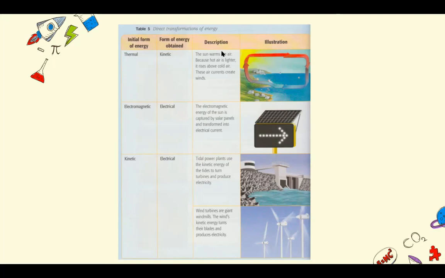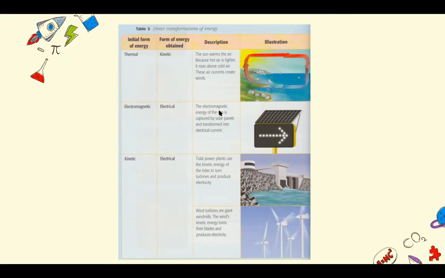And these are just giving you examples of that. Over here, we have electromagnetic energy as the initial one. And then what do you have obtained? Electrical. Description: the electromagnetic energy of the sun is captured by solar panels and transformed into electrical current.